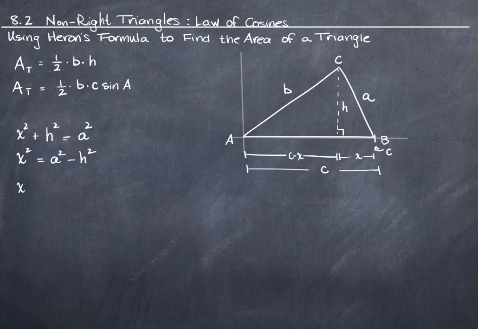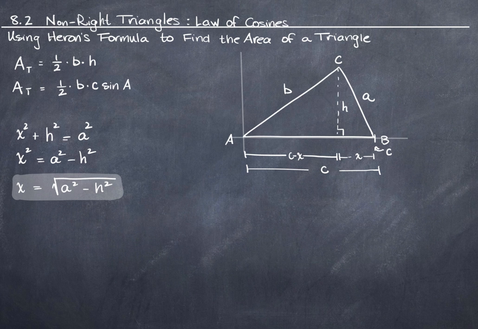And that means, of course, that x is equal to the square root of a squared minus h squared. What I've done is I have found a way to write x. What is x worth? What's another way to express the length x? The answer is the square root of a squared minus h squared. You probably recognize the form of this from the Pythagorean formula.